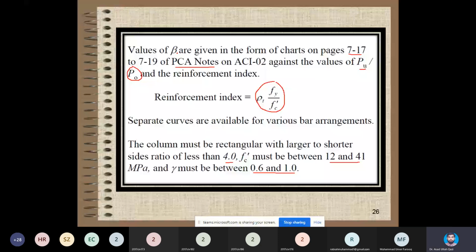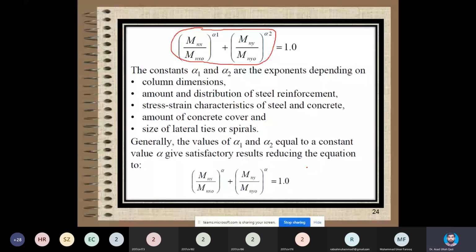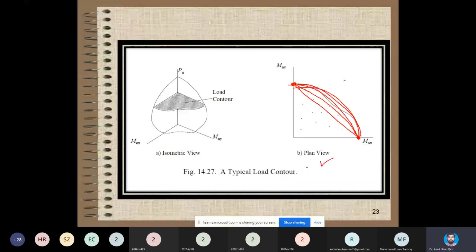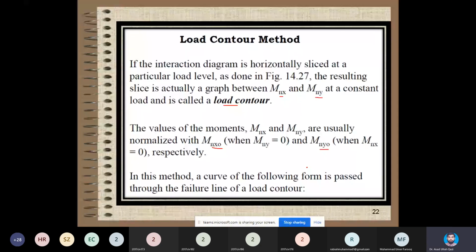So this is a brief introduction about four approximate methods. As I said earlier, the more exact approach is the strain compatibility method: draw the interaction surface, iterate with different neutral axis depth and orientation of neutral axis, get multiple points, generate the surface, and then design your column.